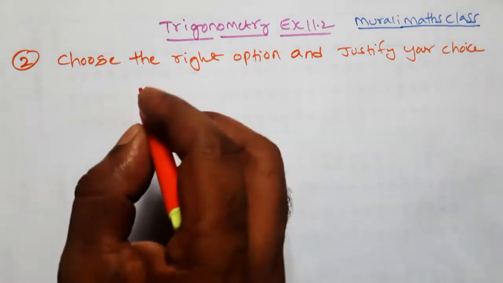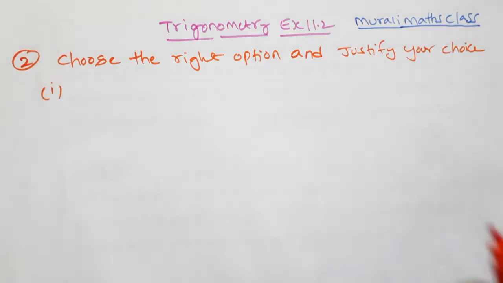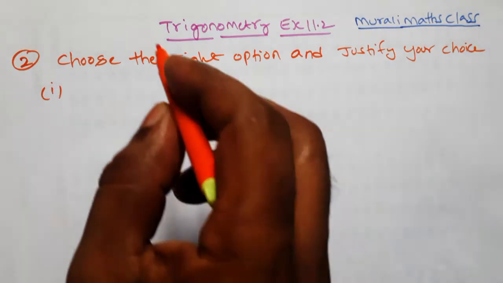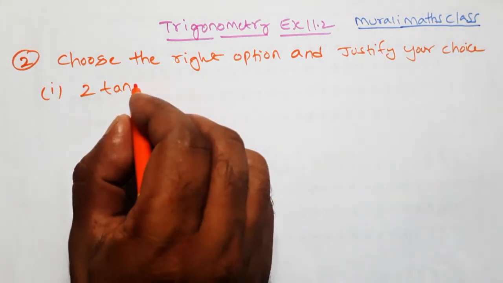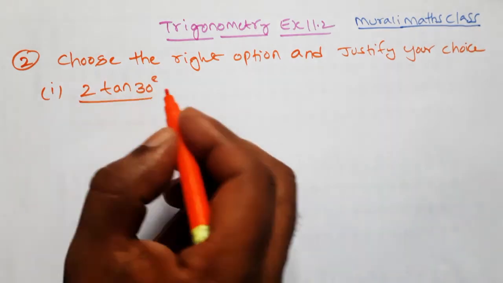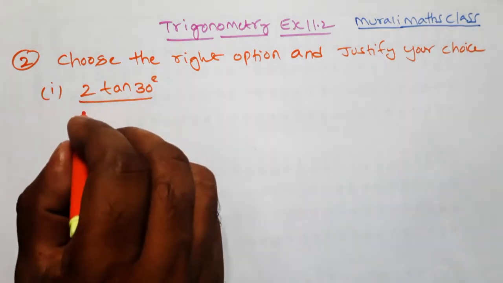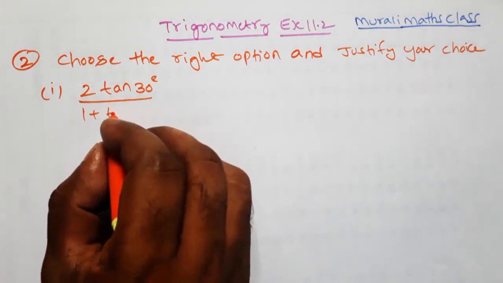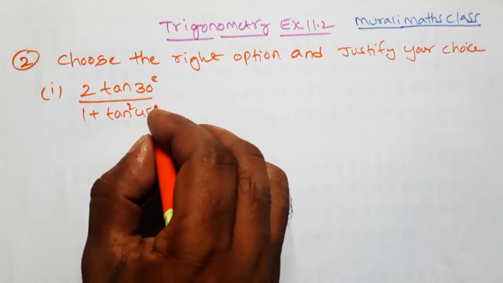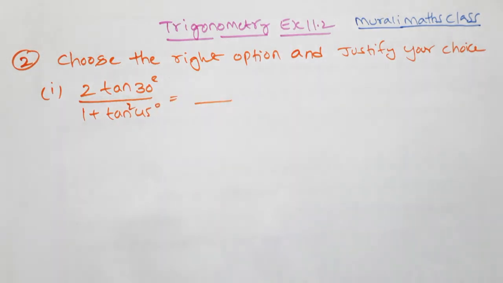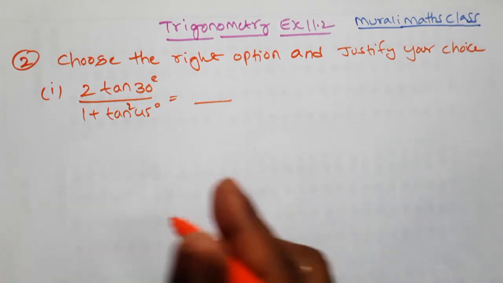Okay, so in that second one, first one: 2 tan 30 degrees divided by 1 plus tan square 45 degrees. This answer we need to find. And options are given like this.